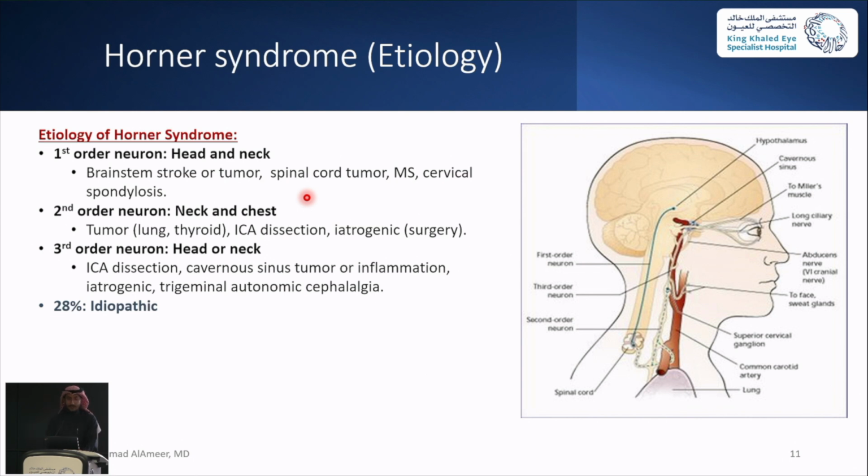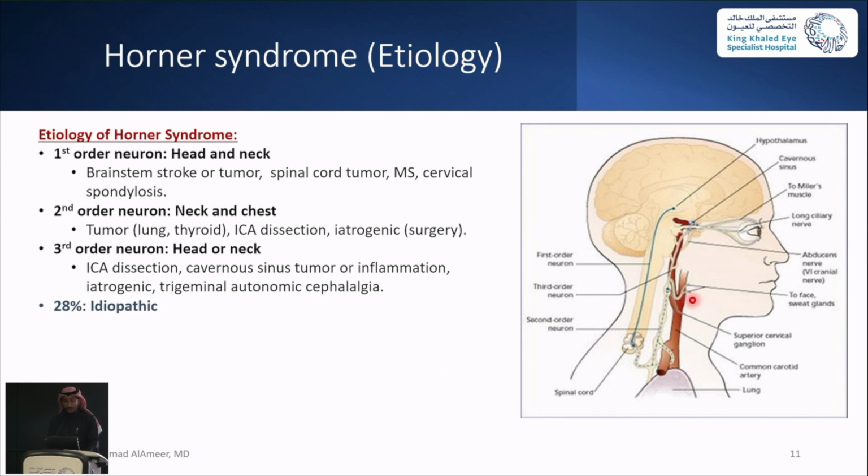First order neuron, either you have a brainstem stroke, tumor, spinal cord problem, demyelinating disease, or cervical spondylosis. Second order, you might have a tumor in the lung or thyroid, ICA dissection, or it can be iatrogenic from any surgery in this area.